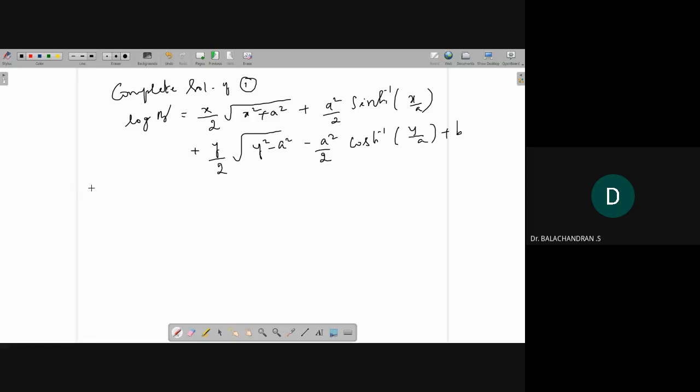Okay, so fourth problem. Solve (x plus pz) whole square plus (y plus qz) whole square equal to 1. So here, what is k?